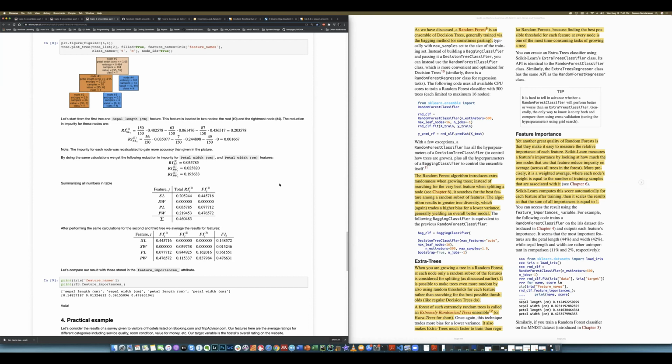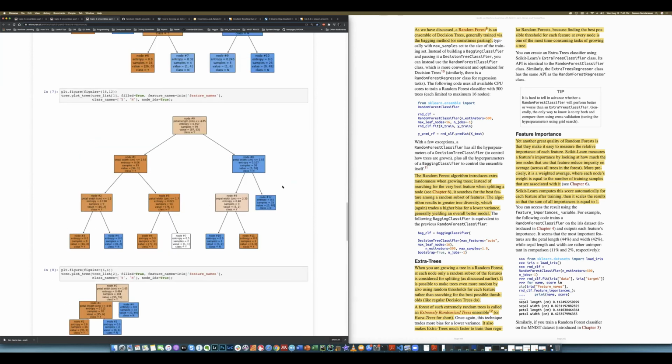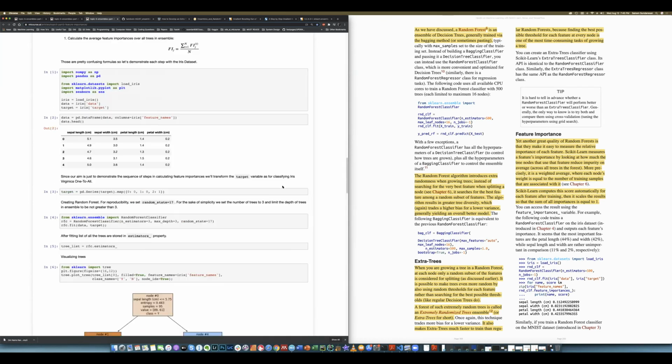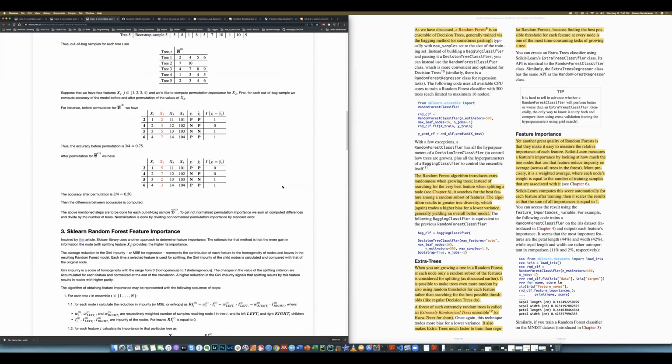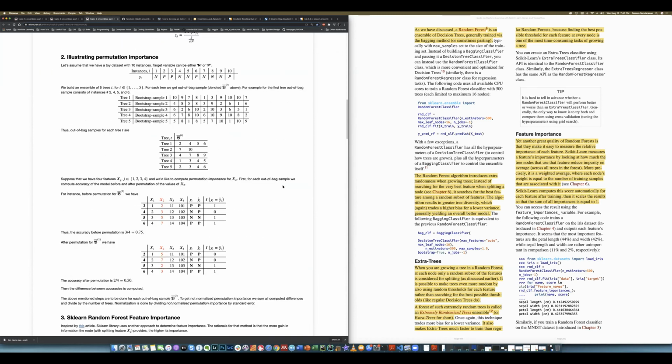Scikit-learn has a way of doing that. Permutation importance is interesting because it can be computed not only for random forest models, but for any other models as well.